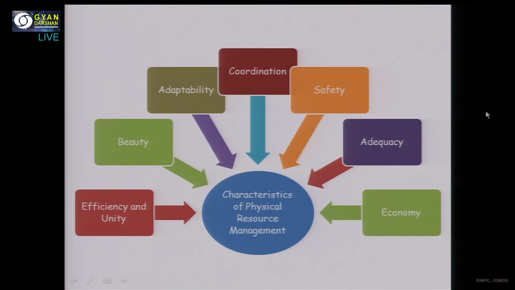And the next one, adaptability, which is important: how we can adapt the resources to the immediate needs or the far-reaching needs. Then the beauty of the resources, whether the resources are apt or not. Then efficiency and utility. This is also an important aspect.